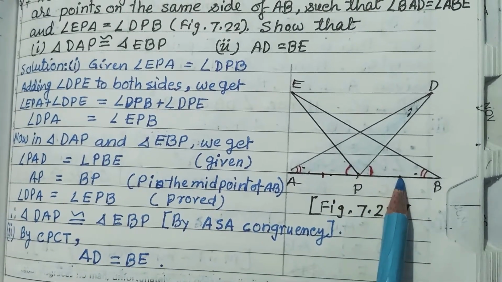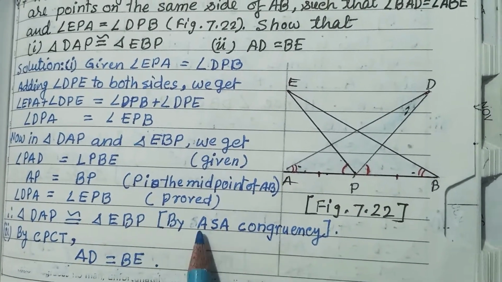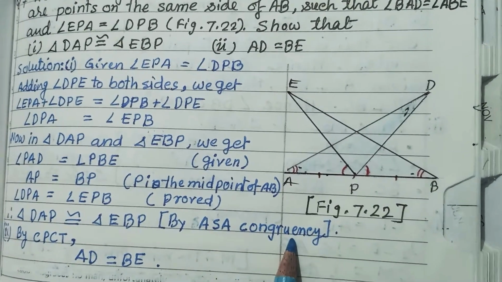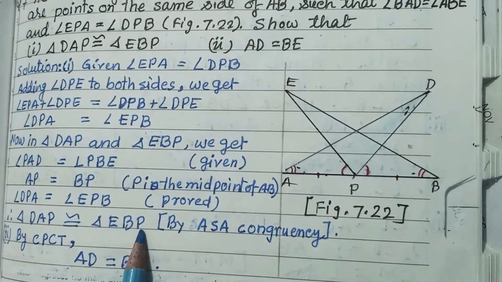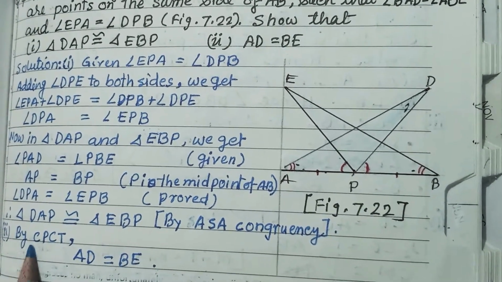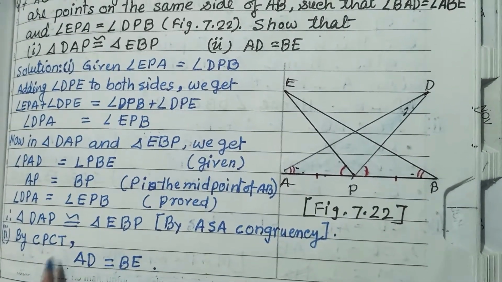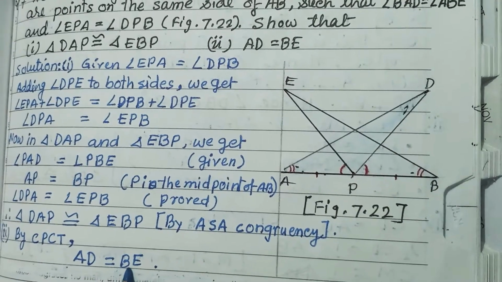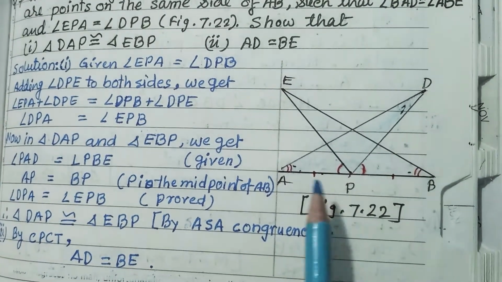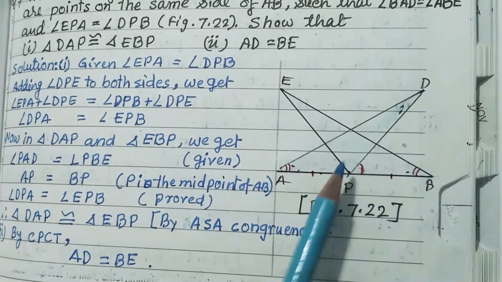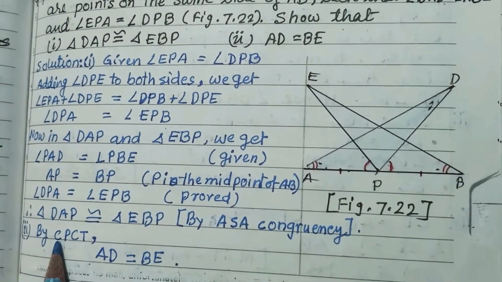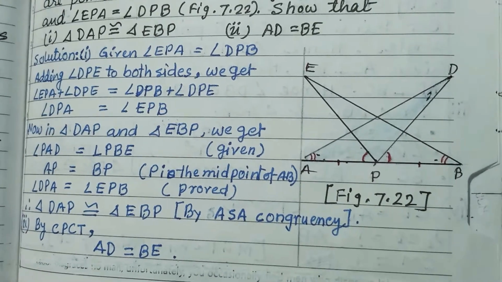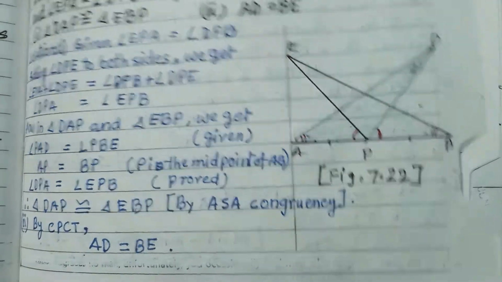So by angle side angle congruency rule, triangle DPA is congruent to EBP. And by CPCT, corresponding parts of congruent triangles, AD is equal to BE.